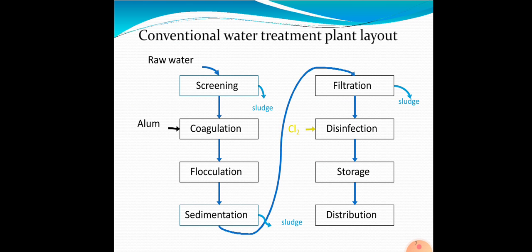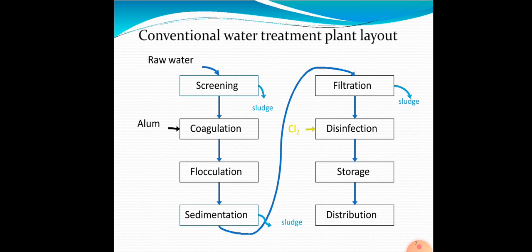Then we have the process of filtration. Filtration is a very important stage in the treatment and purification of water. One of the most important processes is the filtration process. This process removes very fine suspended impurities as well as the colloidal impurities that would have escaped the sedimentation tank.